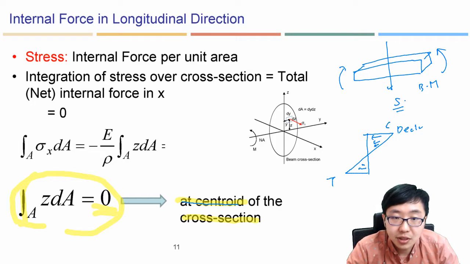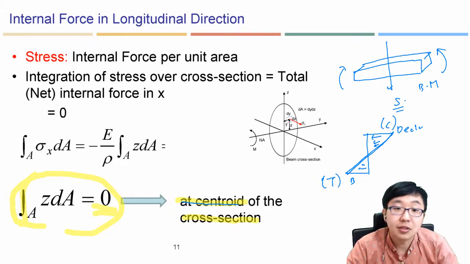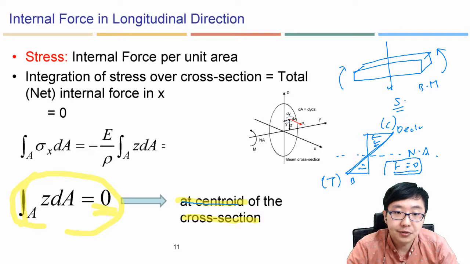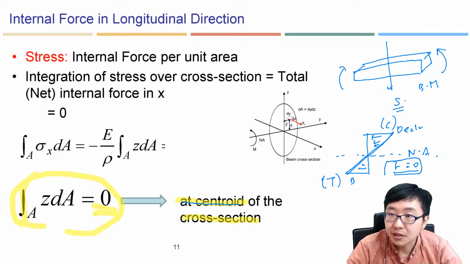This is compression, the bottom is tension. This is the outcome of the simple beam theory. But what I'm talking about here is that at the neutral axis we don't experience any type of force, which means that the force value at the neutral axis is always 0. So that is utilized here.